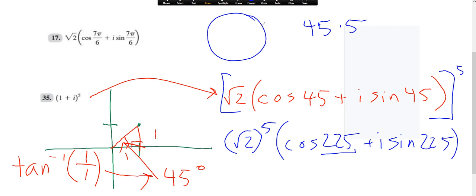All right, think about your 225. That's down here. What's the cosine? Negative radical 2 over 2. And what's the sine? Also negative radical 2 over 2.